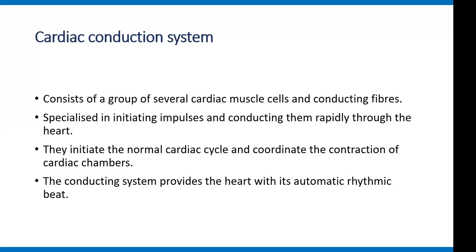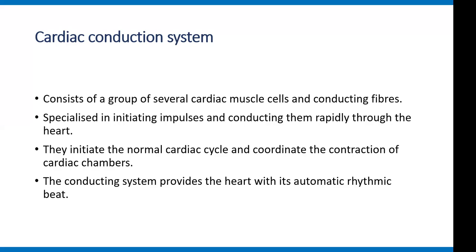But basically, the cardiac conduction system consists of a group of cardiac muscle cells and conducting fibers, which are also special cells. Their function is to initiate impulses and to conduct the impulses through the heart.